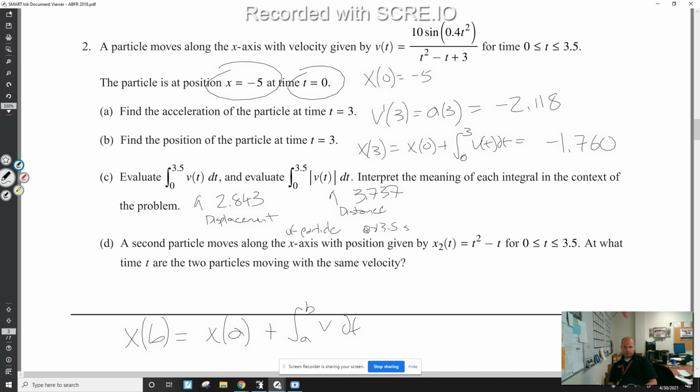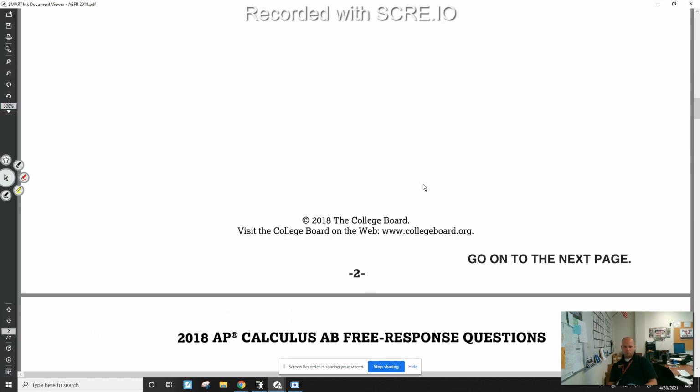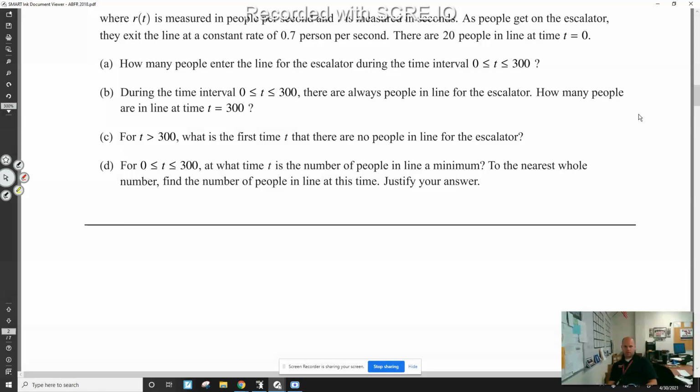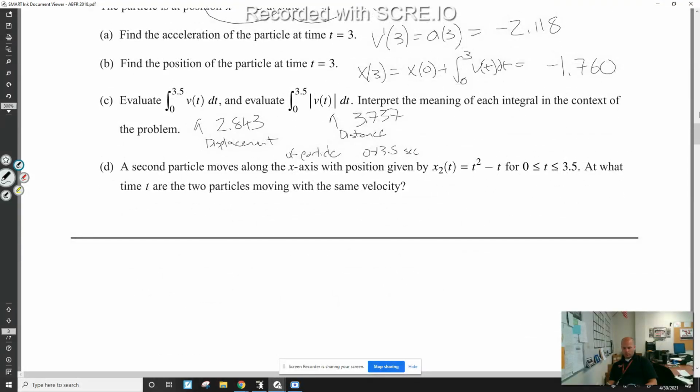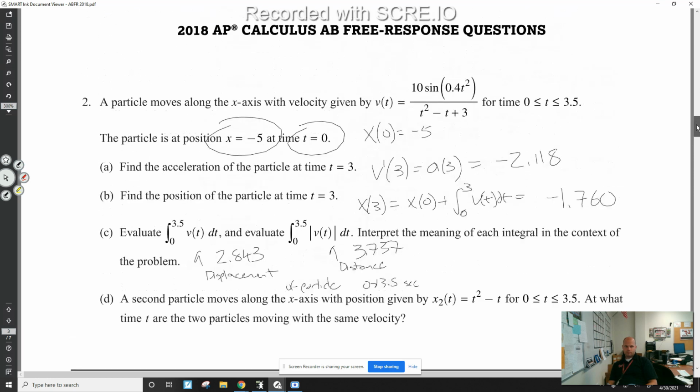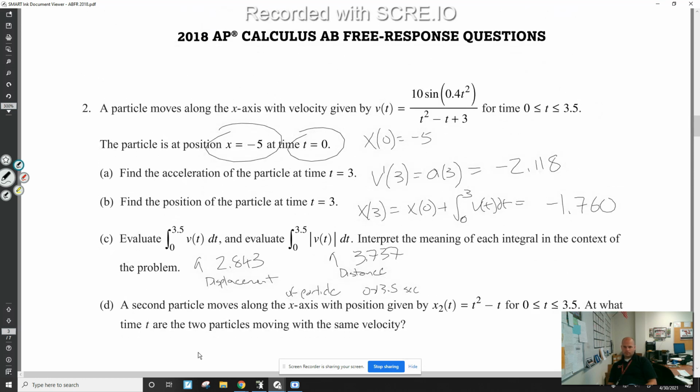Second particle moves along the x-axis. What time are the two particles moving with the same velocity? Okay, that's not bad. When does v of 1, which is given to you, equal v of 2? Well, you need v of 2. You need another derivative. Position's derivative is velocity.